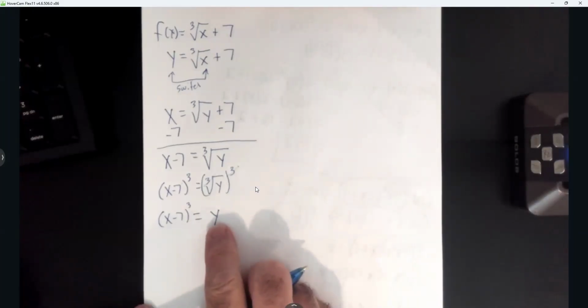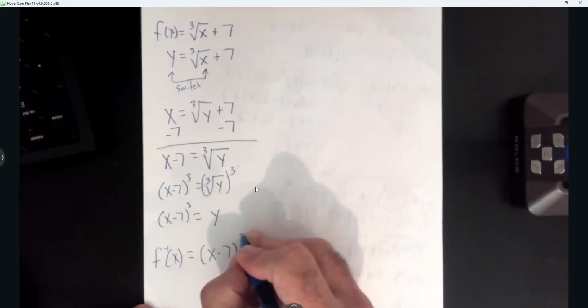Now the last step is to change y to f inverse of x notation. And that's going to equal x minus 7 cubed, okay? So to undo cube roots, we cube them. So y'all, we're looking for that answer in one of them.